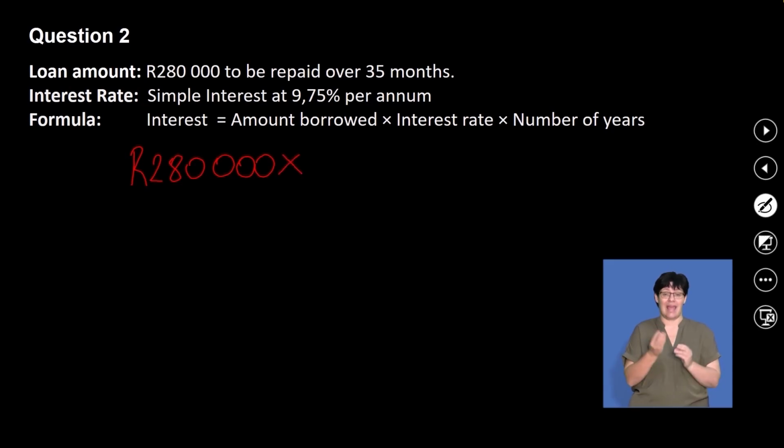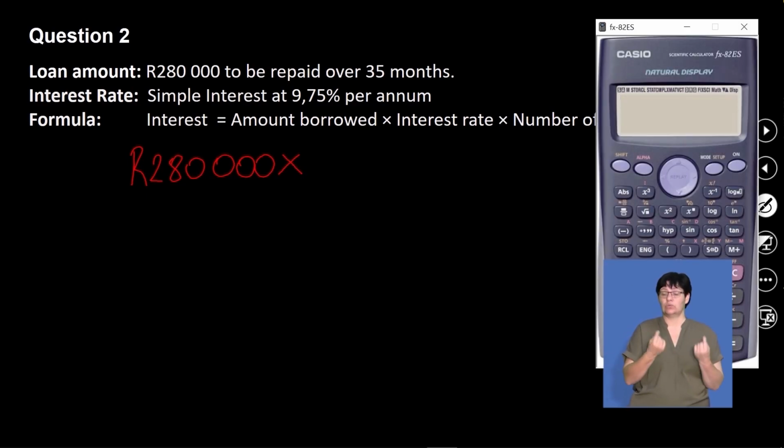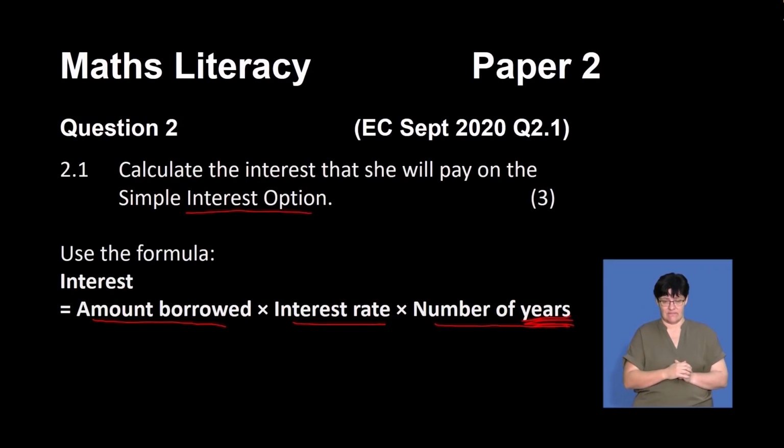My interest rate was 9.75%. And what I'm going to do in this case, I'm actually going to say 9.75 on my calculator. I'm going to divide it by 100 to get it as a decimal. So it's 0.0975. So it's just a different way of doing the calculation.